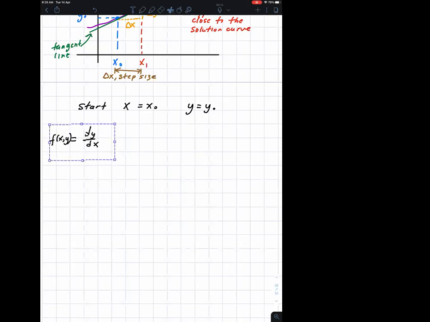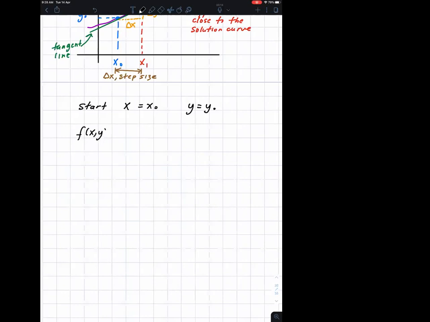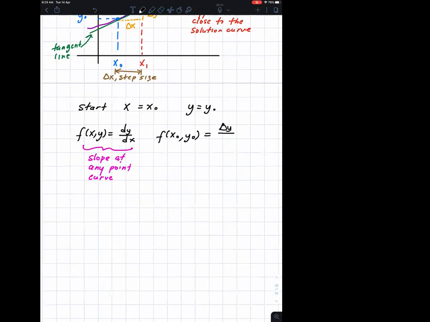Let me rewrite this again. f(x,y) is defined to be dy dx, the actual slope on the line. f(x naught, y naught) is delta y, the slope of the tangent line.